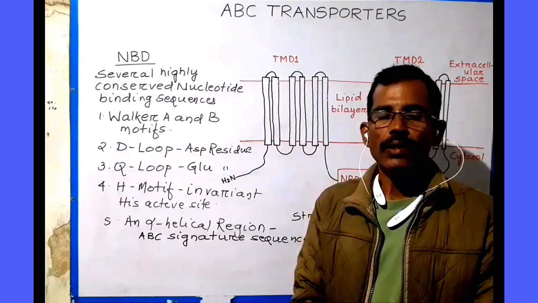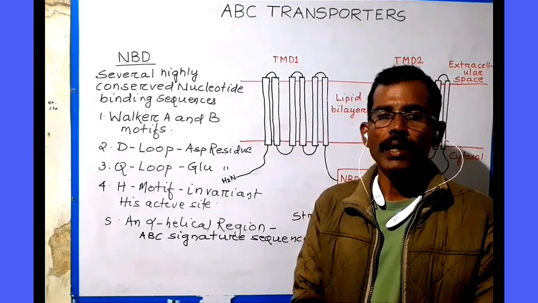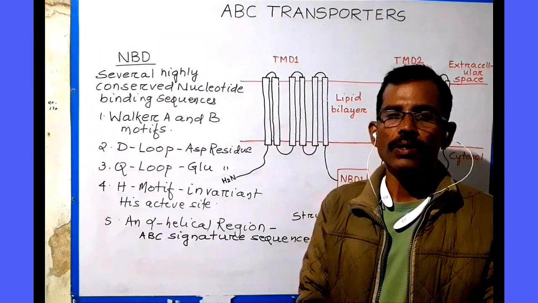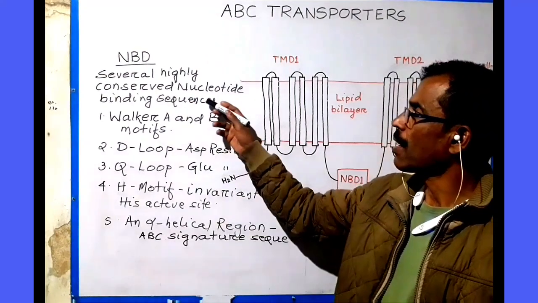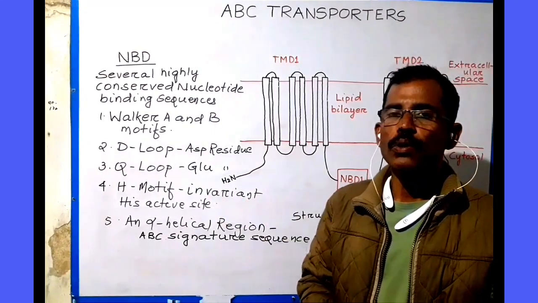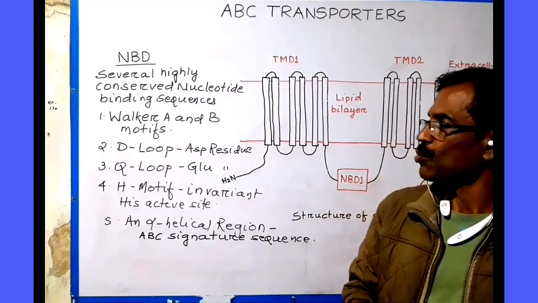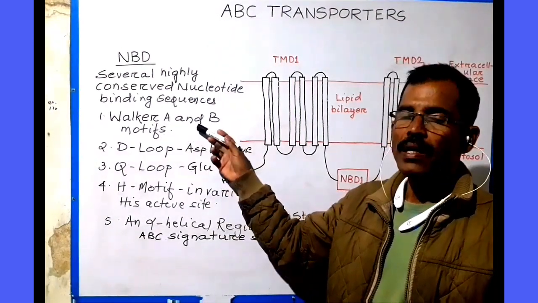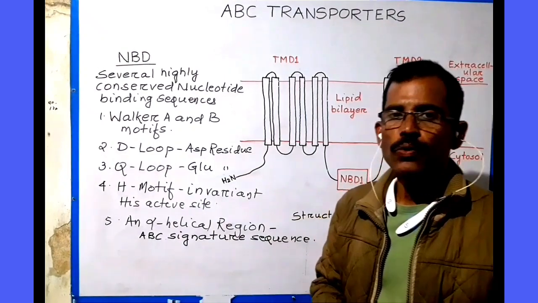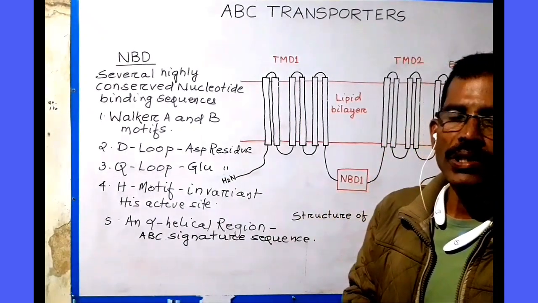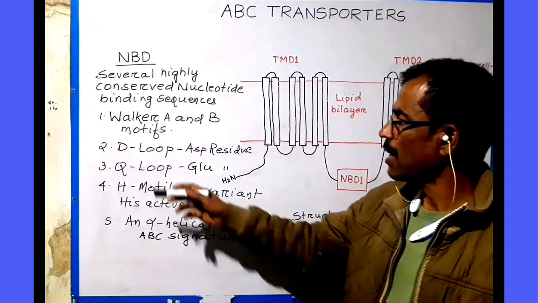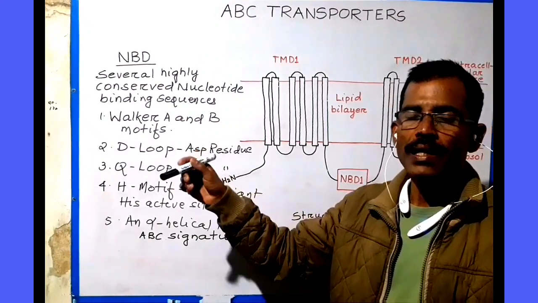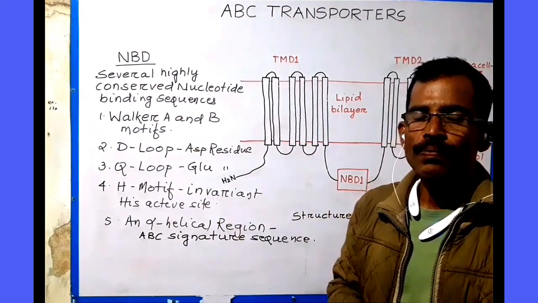The nucleotide binding domain of ABC transporters contains several highly conserved nucleotide binding sequences, which are Walker A and B motifs separated by 90 to 120 amino acids. It also has a D loop that has an aspartate residue.